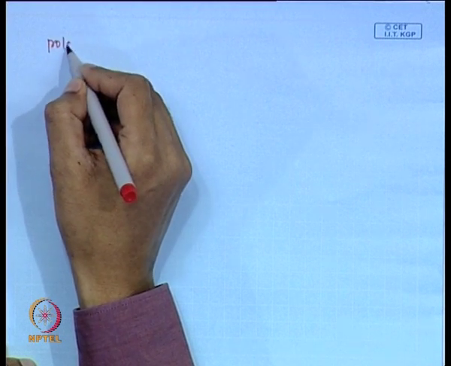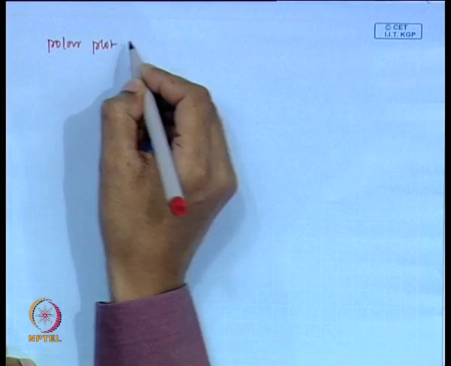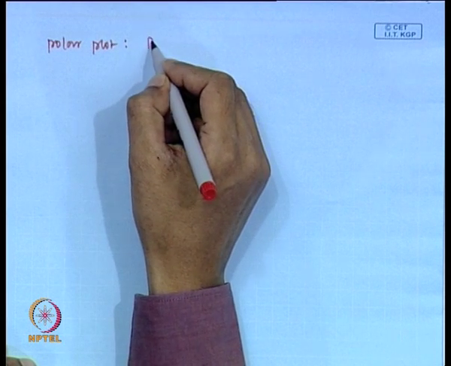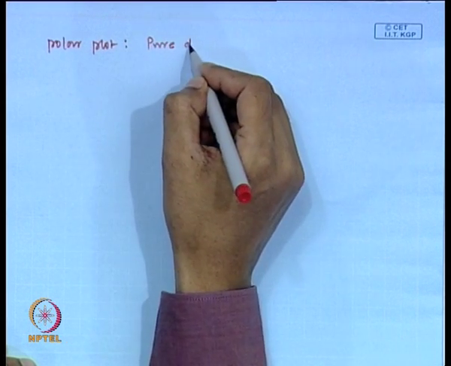We can take another example like a pure delay system. How we can construct the polar plot of a pure dead time?